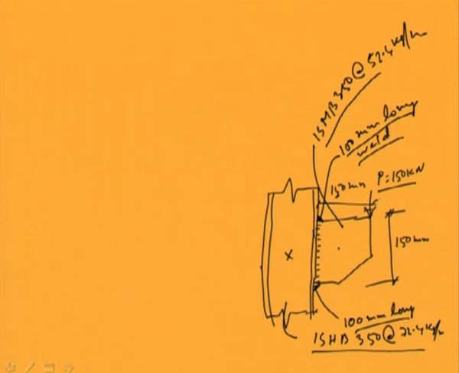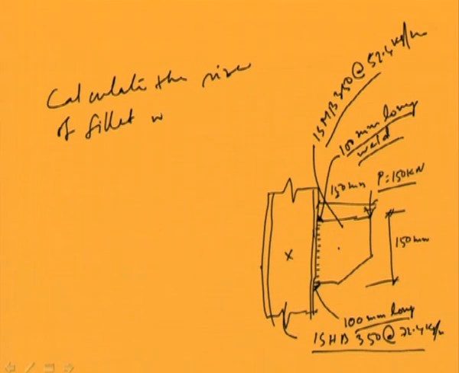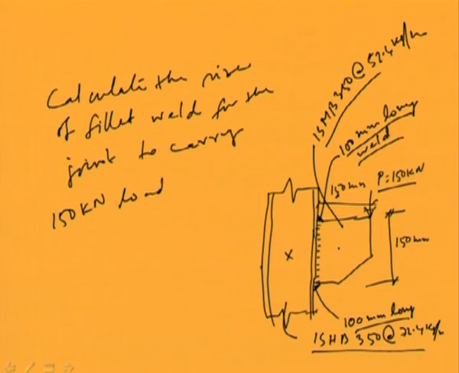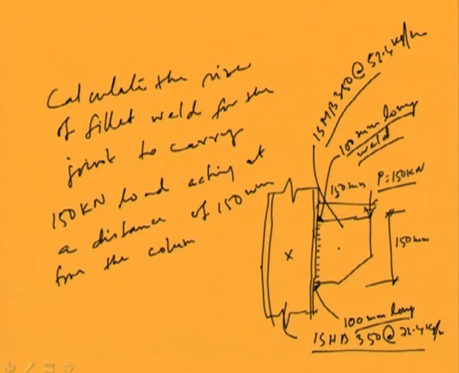Now, you have to calculate the size of the fillet weld for the joint to carry 150 kilonewton load acting at a distance of 150 millimeter from the column face as shown in the figure, right.